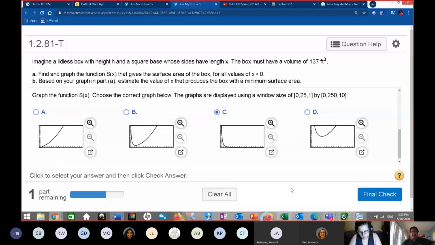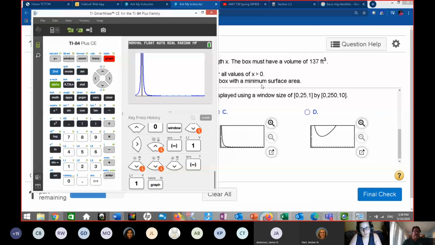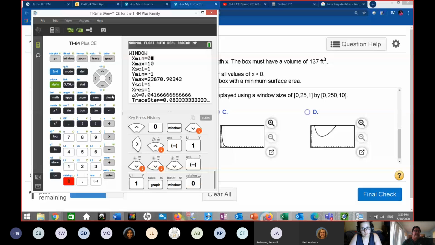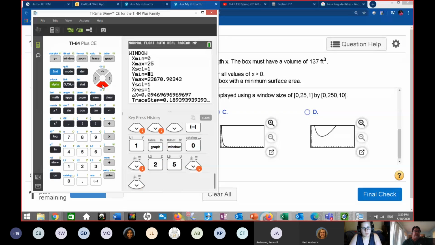So go back and change your window. Sorry. 0 to 25. So go to window and 0 to 25. And y'all can do it a whole lot faster than I can. And oops, that's a decimal point. 0 to 250.